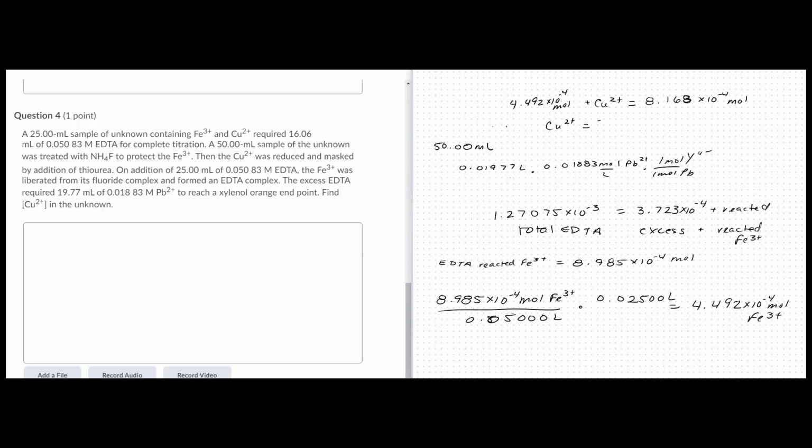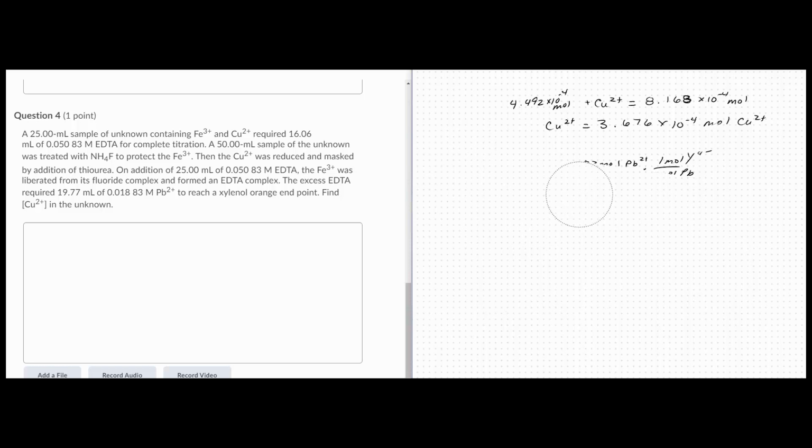And I get that there were 3.676 times 10 to the negative 4 moles of copper in the original sample. But the question asks for the molarity, so then I need to divide that value by 0.025, which was the original sample volume, and I get a copper concentration of copper is then 0.01470 capital M molar.